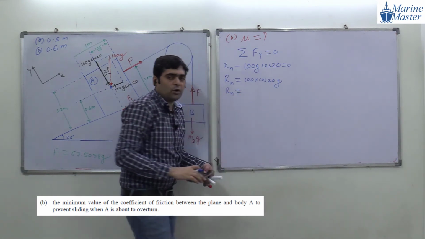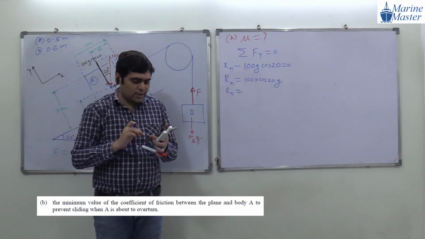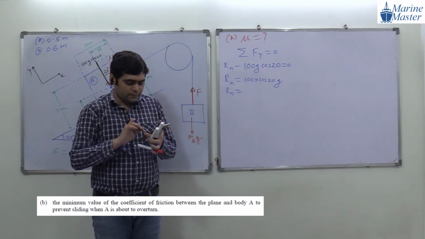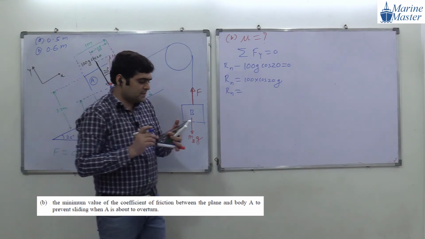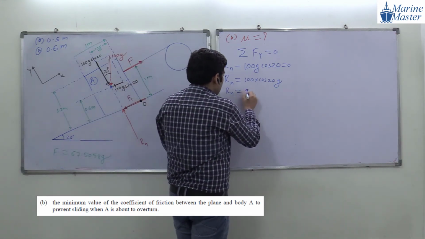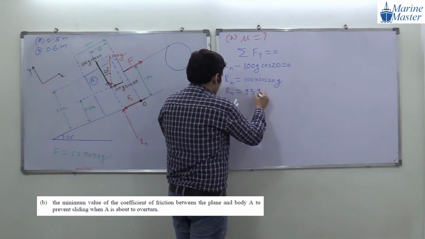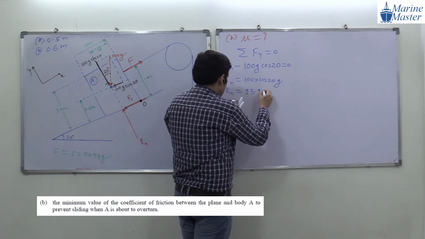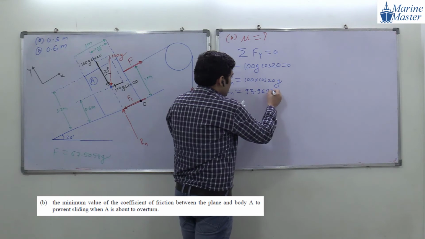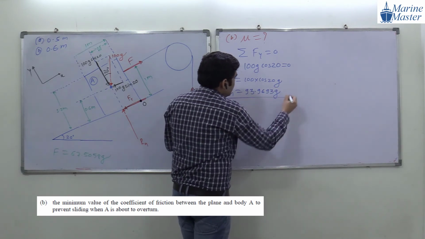What will be the value of 100 into cos 20? 93 point... what we got, 97. Or we can take 93.97G. So we got Rn in terms of G.